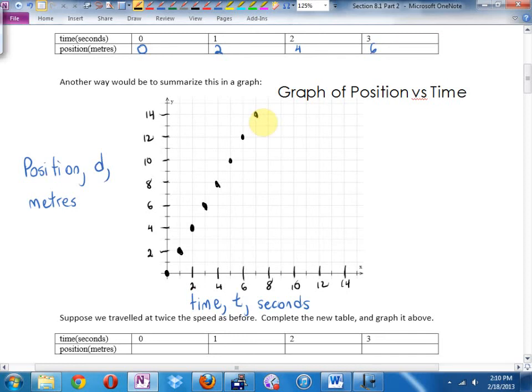And we can connect them. If you have to freehand, I'll put up with it in your notes. If it's a lab, use a ruler. I'm going to use a ruler here. Like that.